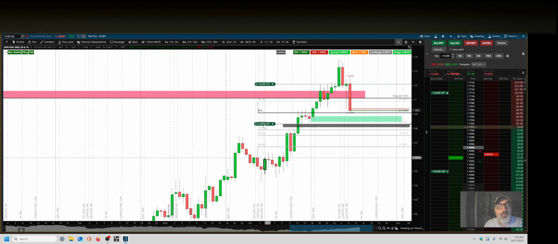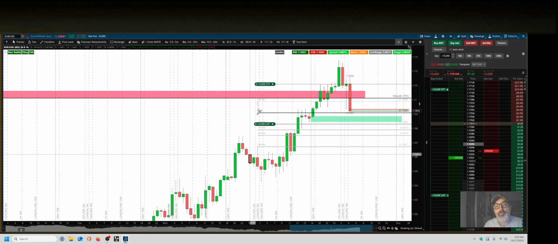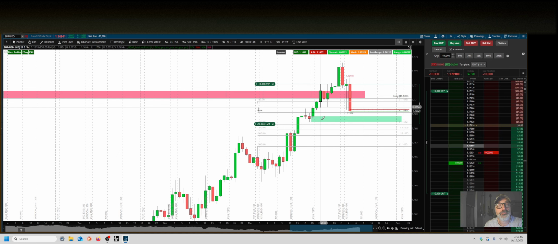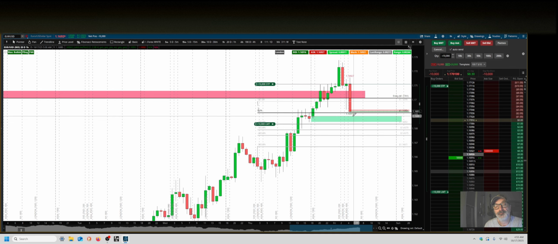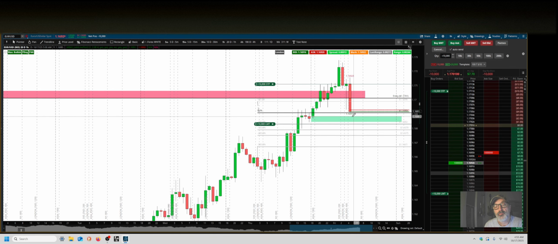Going to move the target down one more. So once we hit the first target, I will move my stop to break even.